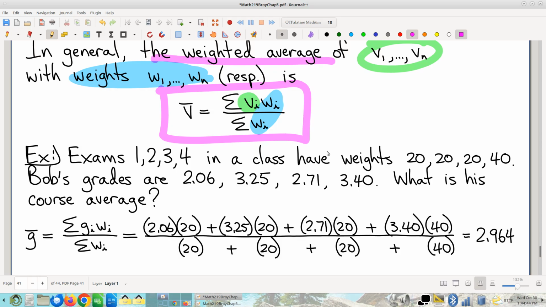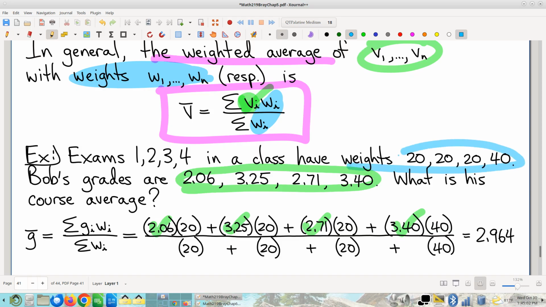Okay, so the big idea here is, Bob's got certain grades that he's gotten in certain exams, and these are those grades, and they're going to go in spots like that per the formula, and the weights are 20, 20, 20, and 40. Again, this is for whatever hypothetical class he's taking.